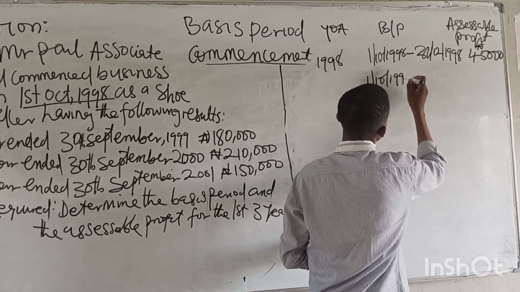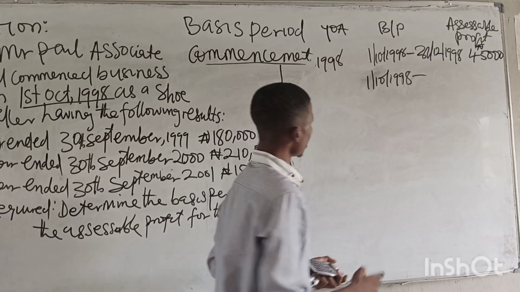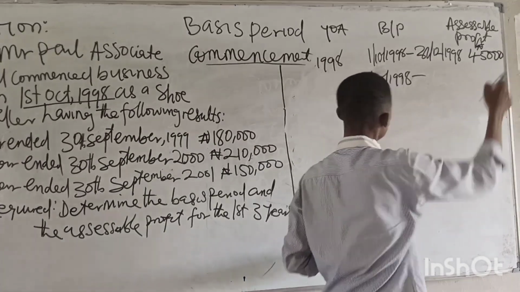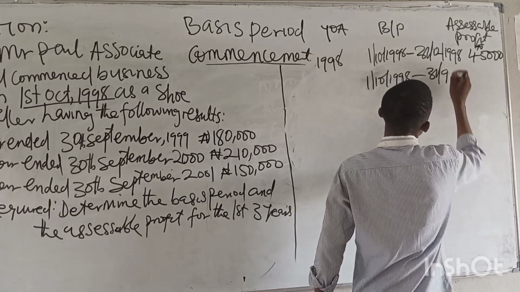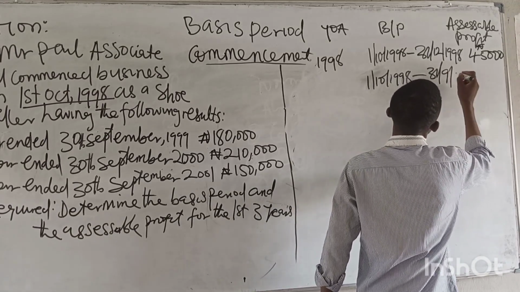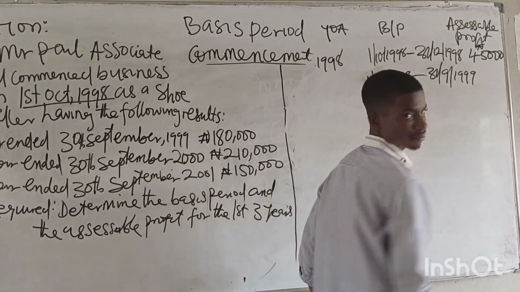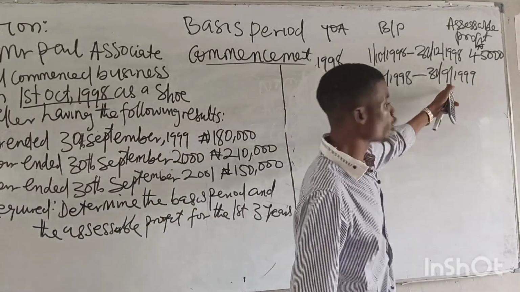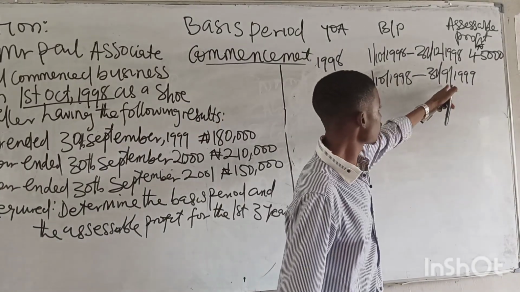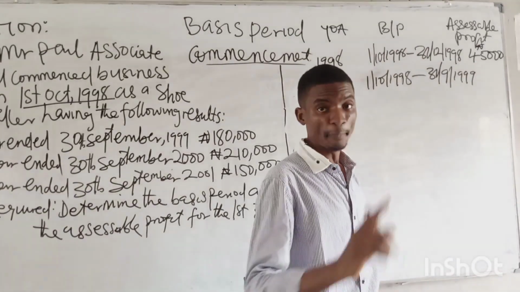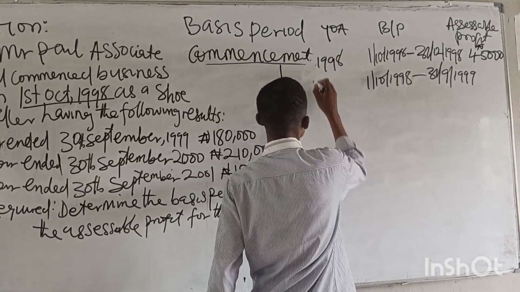We have to count the next 12 months, and if you count from here, you are going to have 30th September 1999. If you count from October to this September, it gives you complete 12 months. Then this is the basis period for 1999.